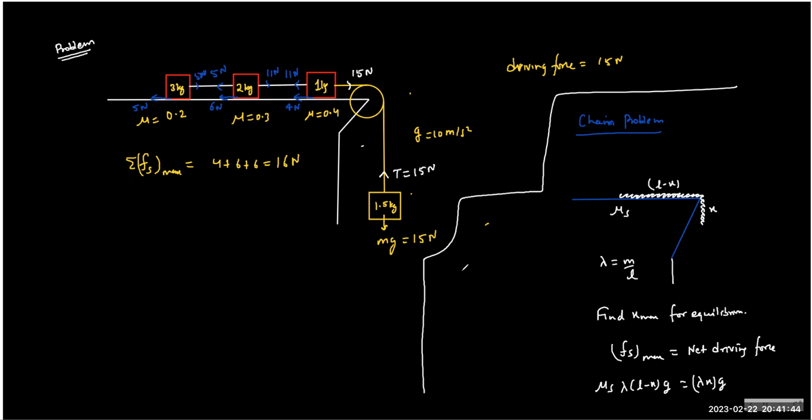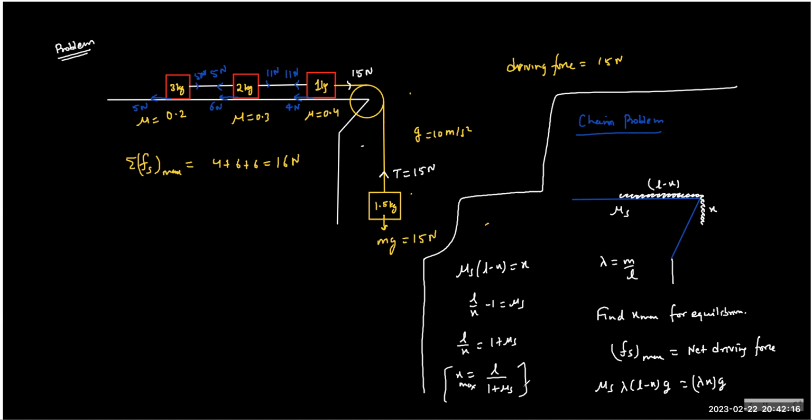And mu s into L minus X is X actually. So L by X minus 1 is mu s. So L by X is 1 plus mu s. So X is. So we can't hang more than this value of the chain.